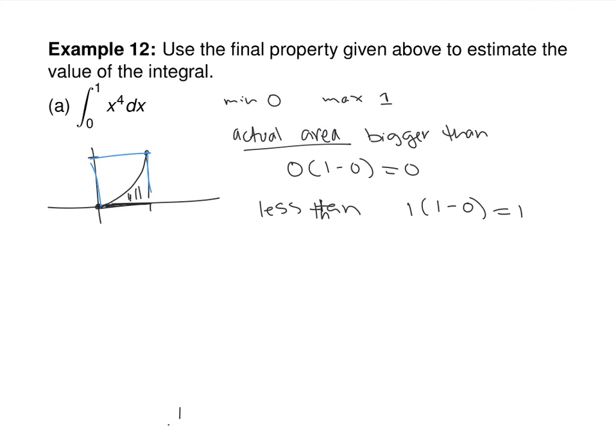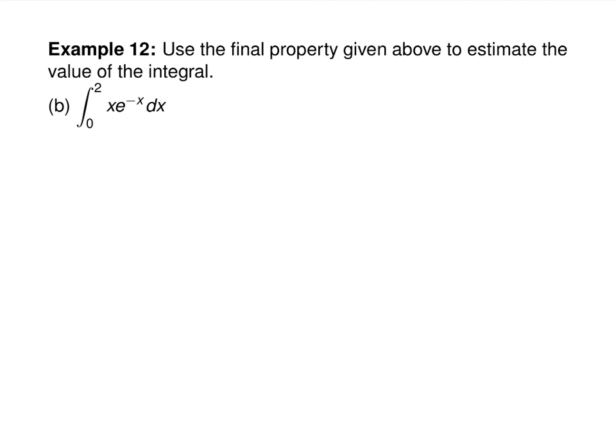Okay, chapter 4 is going to come back. This one is a little bit more tricky. How would you find the min and max of y equals x e to the negative x on the interval from 0 to 2? How do you find mins and maxes? What do you use? The derivative.